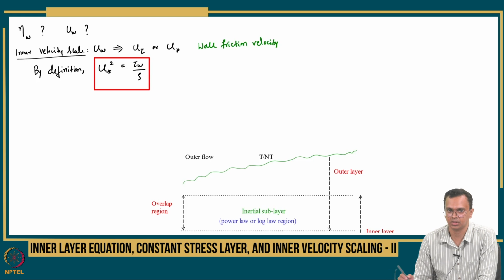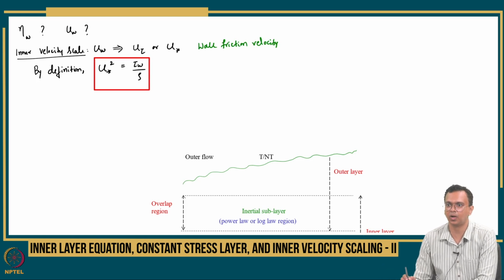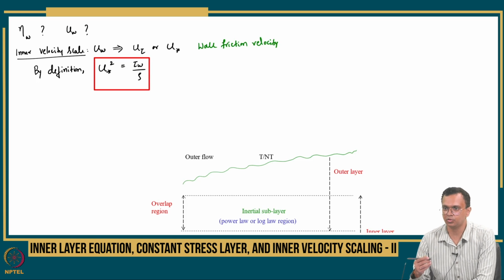So tau w by rho is easy. If you measure turbulent shear stress, then u star is revealed. So then you have a velocity scale that you can use to non-dimensionalize your mean flow or other statistical quantities, RMS, mean velocity and so on, to get what is called an inner scaling.